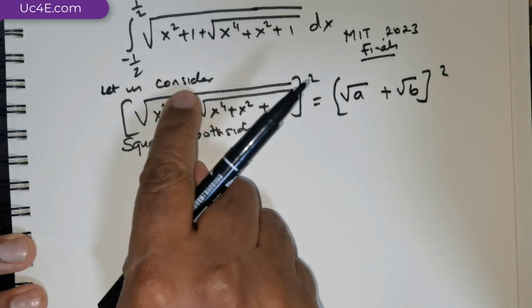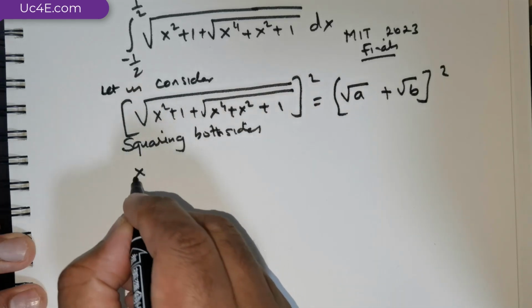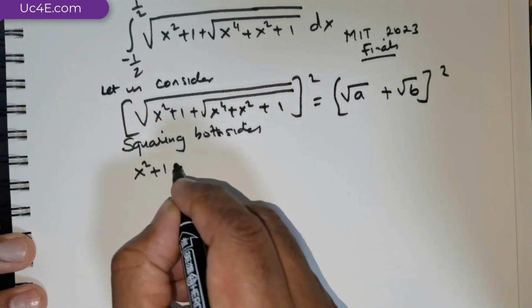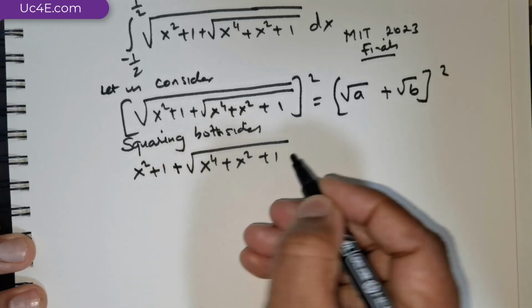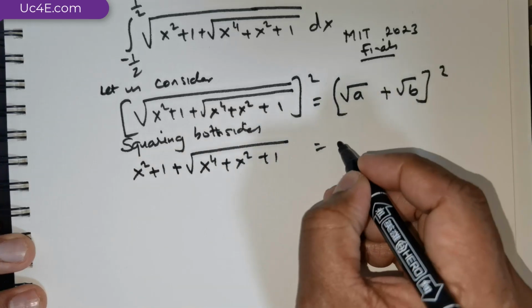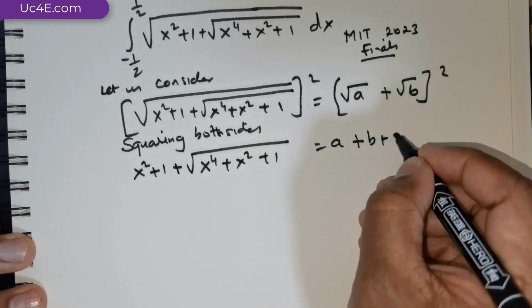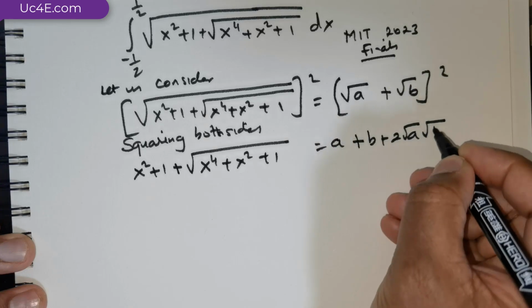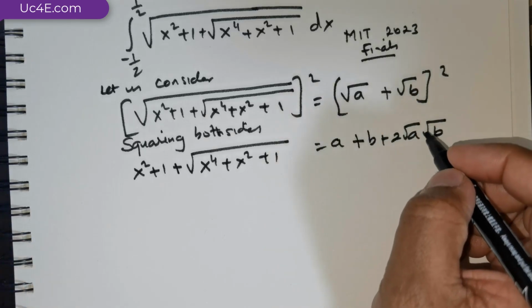Naturally, the first square root gets neutralized by this 2 here. So we get x squared plus 1 plus the root of x to the power of 4 plus x squared plus 1. You expand this, and this would give you a plus b plus 2 times root of a times root of b. I'm using the a plus b whole squared expansion.